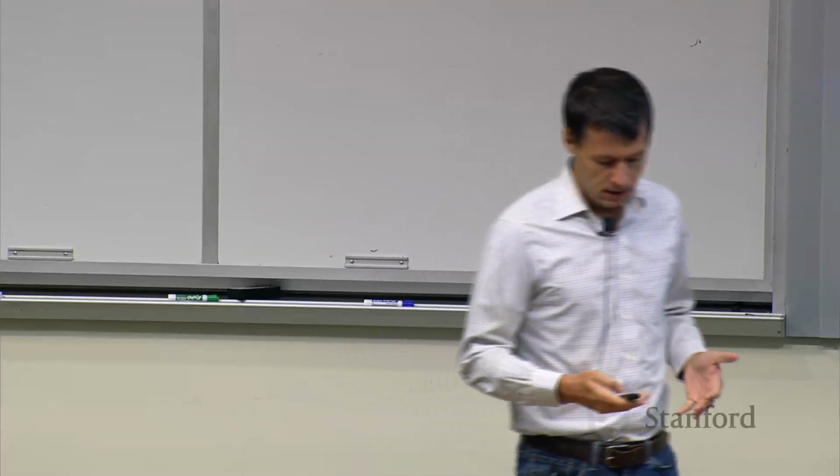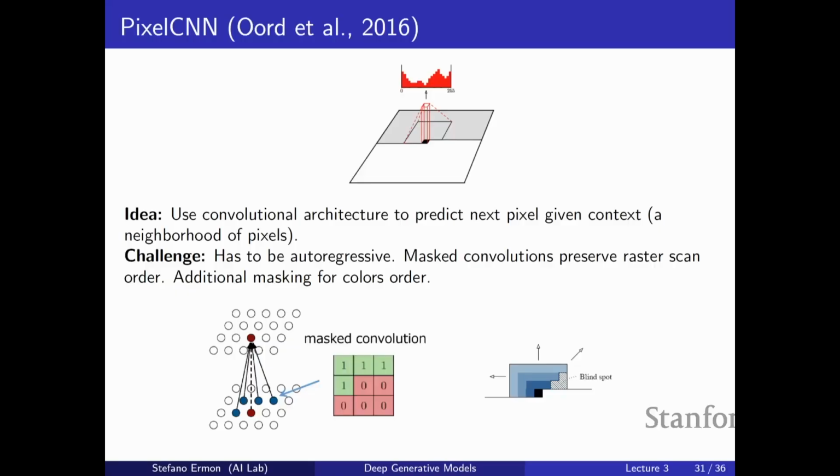Cool. So the other thing you have to keep in mind if you do this masked convolution is that you might end up with a blind spot, where if you look at the receptive field that you get when you use kernels that are masked, if you have a stack of convolutions and you make a prediction for this pixel, you're not actually going to take into account these grayed out pixels because of the blind spot.